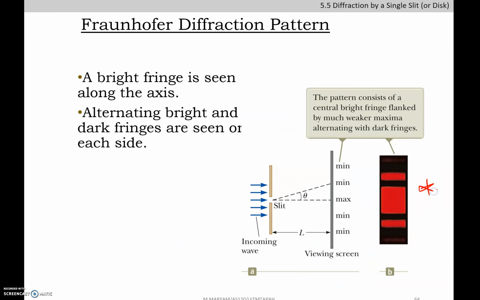This is an example of a diffraction pattern. As you can see here, the center has double the size of the other fringes. Same for the dark fringes, the secondary minima would have the same size as the secondary maxima, and this pattern would continue on and on.